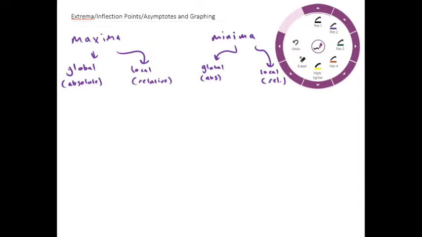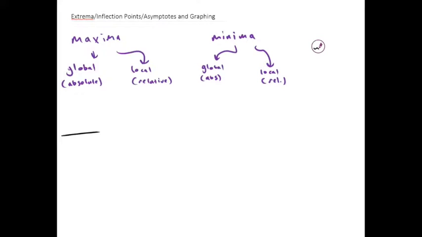So a global maximum means on the entire domain of the function. Let's say the maximum is at x equals c. F of c is the global maximum if it's larger than any other point in f of x.